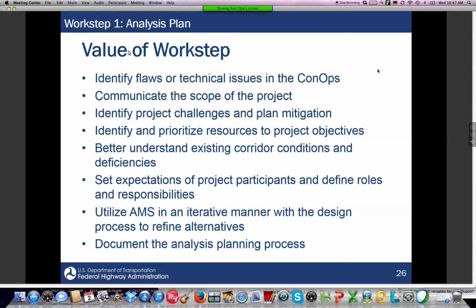It also drills down into some of the multi-resolution modeling approaches. You may have a large regional demand model that you're using to look at overall travel patterns, and then a mesoscopic corridor tool, where the width of that corridor will vary depending on the infrastructure that you have to deal with.